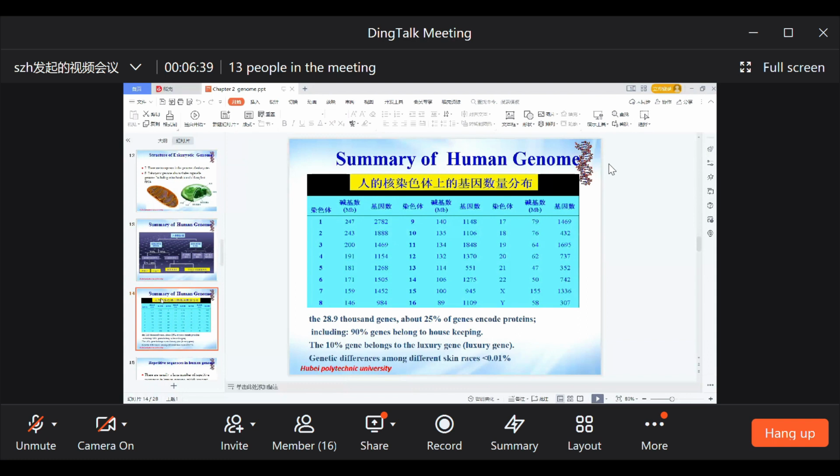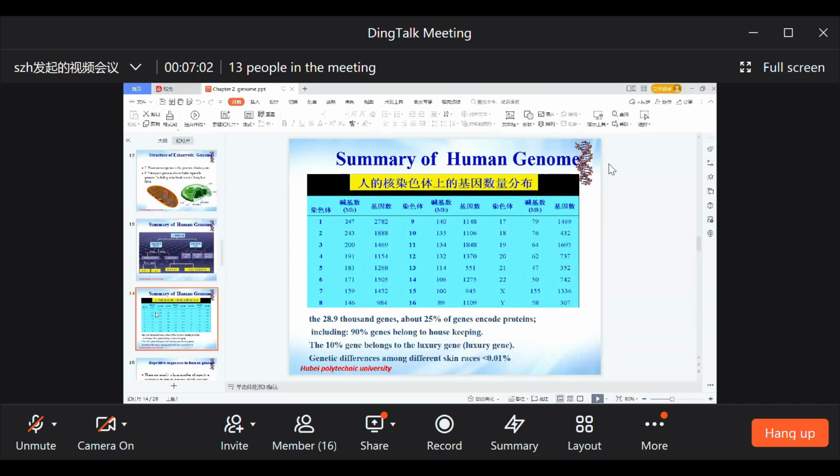This table, which we studied last time, shows that until now we have found 28.9 thousand genes, about 25 thousand of the genes encoding protein, and the others encoding RNA.